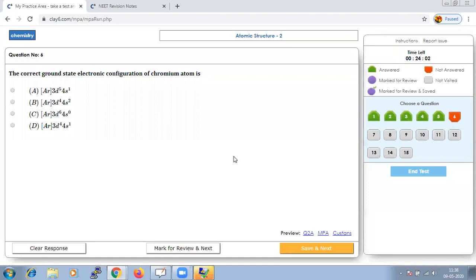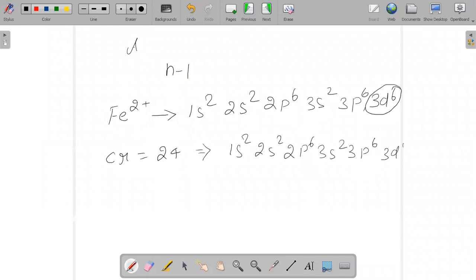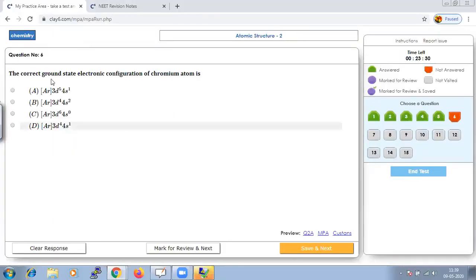The atomic number of chromium is 24, and the configuration should be 1s2, 2s2, 2p6, 3s2, 3p6, 3d5, 4s1. As you know, this portion is the electronic configuration of argon. Let us check 3d5, 4s1, where it is. We have it in option 1, so option 1 should be the right answer. Let us save that and go to next.